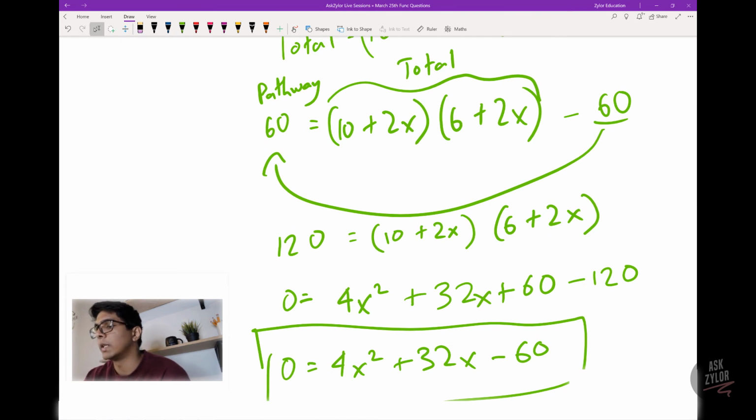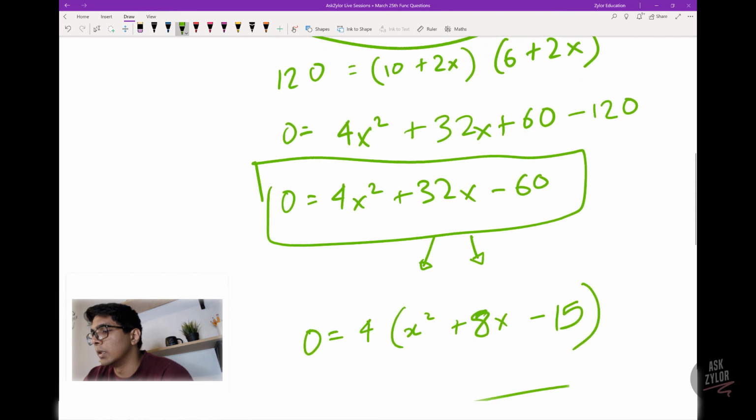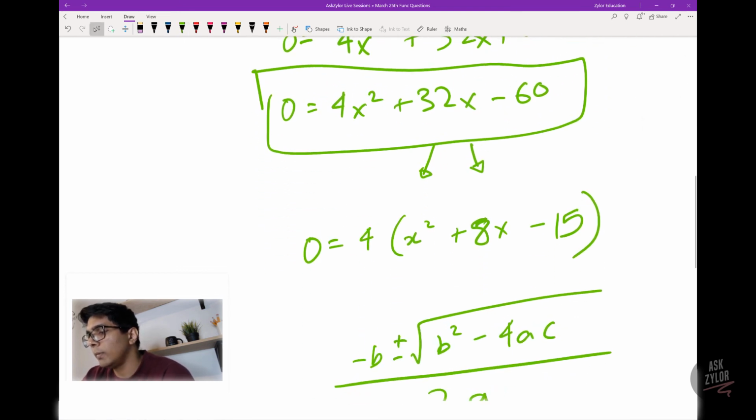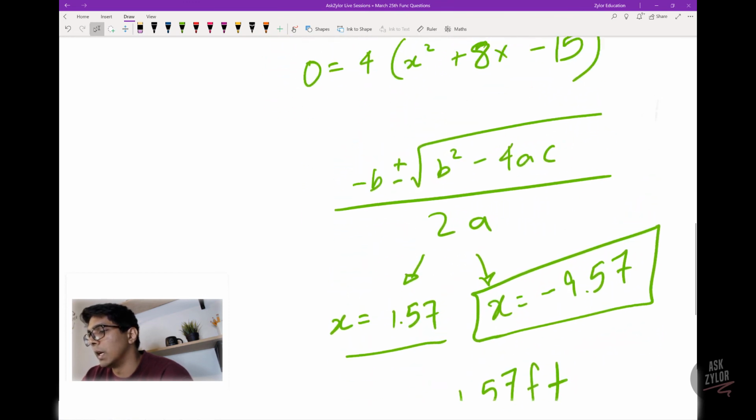So I'm always trying to get an equation that's equal to 0 so I can try and solve for x. Because if it's equal to 0, that means my y is equal to 0. That means I'm looking for my x-intercepts. I'm always looking for my zeros or my solutions, my roots, whatever you want to call them. Then I factored out the common term, and I realized I can't factor it.